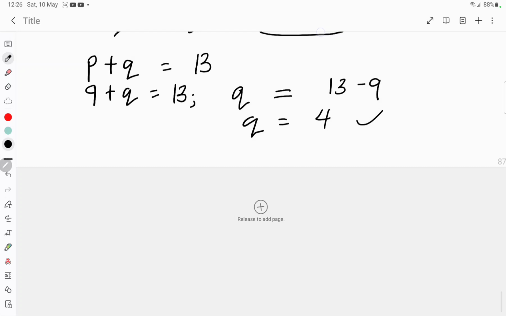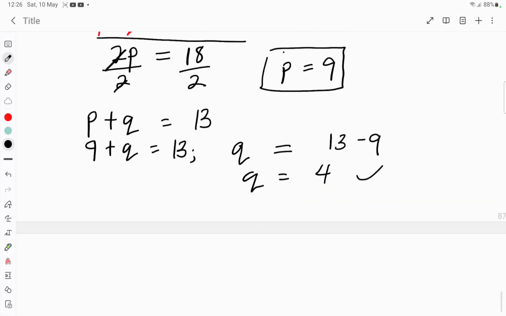Remember, what do we have initially as the value of our p? We defined p to be 3 power x over 2, and we defined our q to be equal to 2 power x over 2.